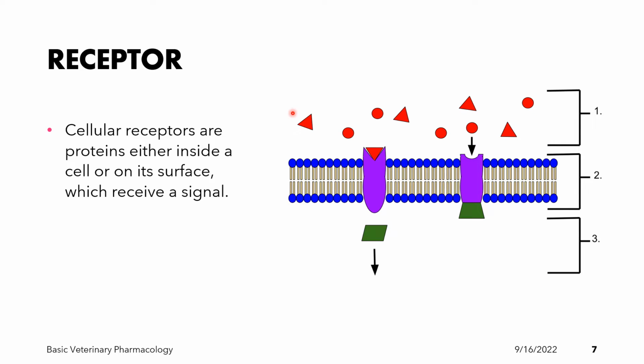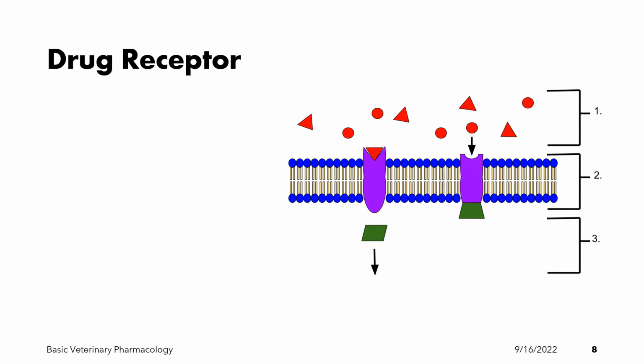We have here several drugs that are located in the extracellular space, and take note that only those drugs that are complementary to the receptors will bind to its receptors. So in this case, the drug, because it is complementary in shape to its receptor, is specific to its receptor, so it will bind to that particular receptor to produce a particular effect.